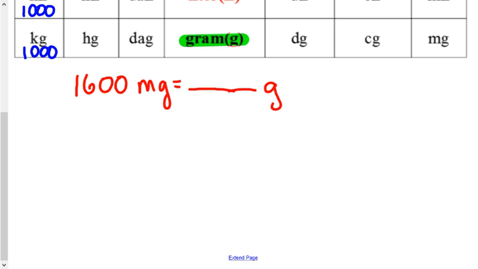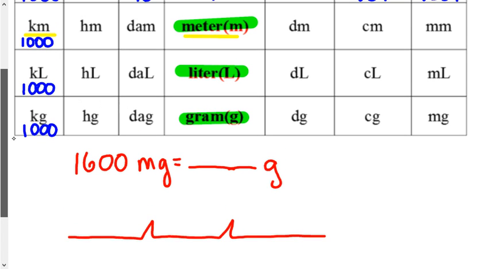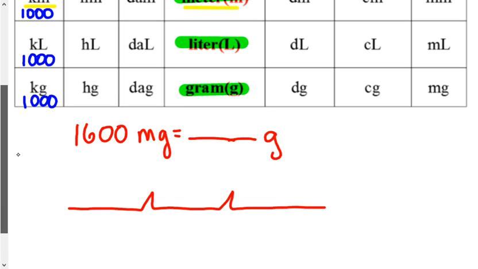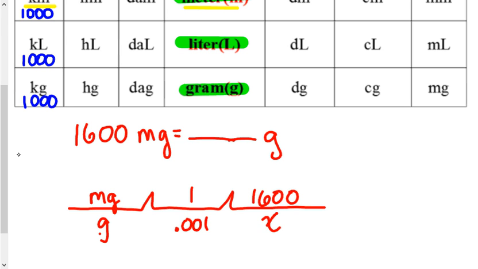Now, we could do this like we did the others with a bridge map, because based on what we see from our chart, 1 milligram equals 1/1,000th of a gram. So 1,600 milligrams would equal how many grams?